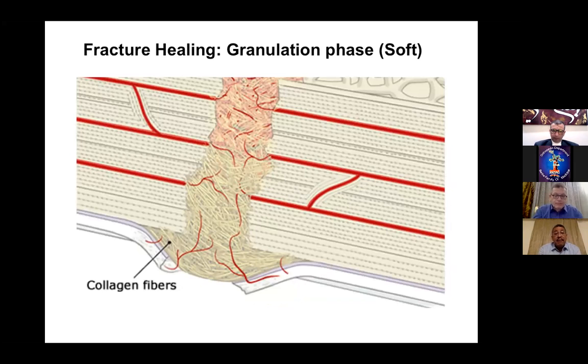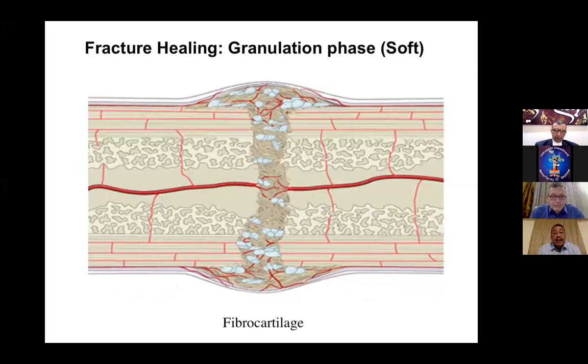The collagen fibers that form will lead to what is called the granulation phase, the soft granulation tissue. This is the very beginning. Then fibrocartilage will form. There is transformation to fibrocartilage.